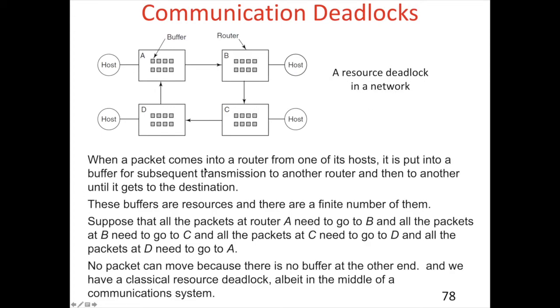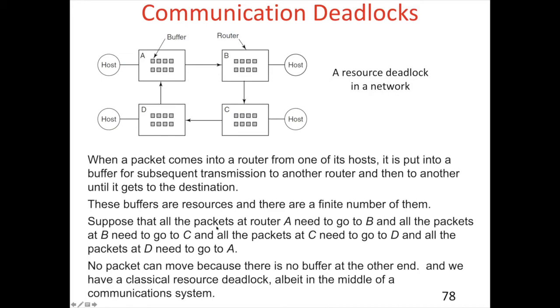When a packet comes into a router from one of its hosts, it is put into a buffer for subsequent transmission to another router and then to another until it gets to the destination. These buffers are resources and there are a finite number of them.